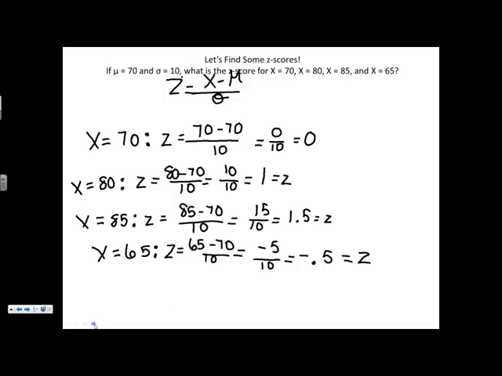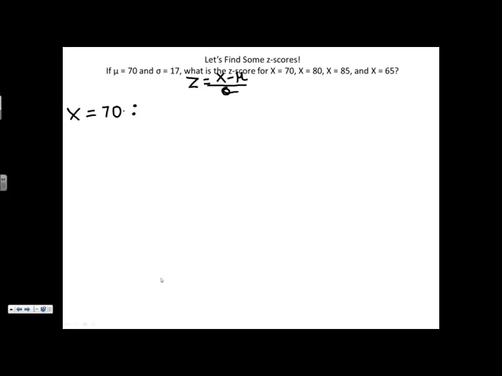So now let's look at the z-scores for the same x values in the other distribution where we had more variability, when we had the standard deviation of 17. So if x is equal to 70, and real quick, I'll just rewrite the z formula up here as a reference.